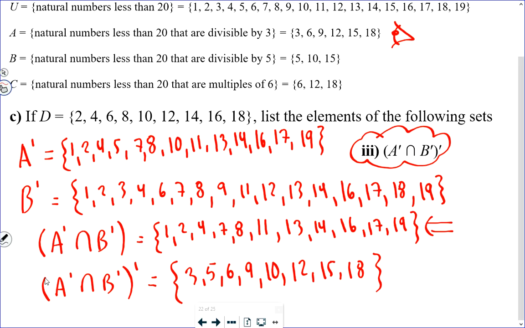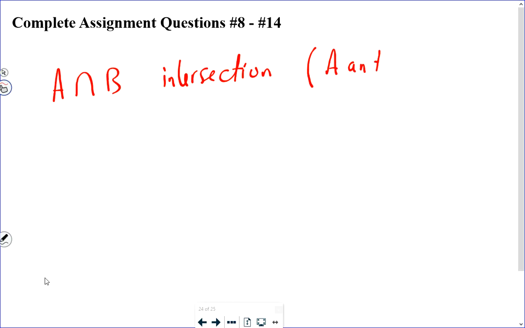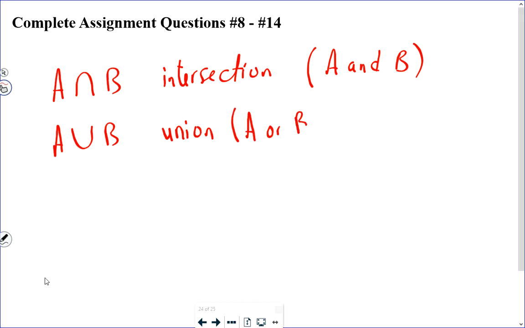That's it for this lesson. Not a lot of big ideas, other than the fact that this means what we call the intersection, and it means A and B. This, which is called the union, which means A or B, and you should know from previous lessons that A or B means A or B or both.